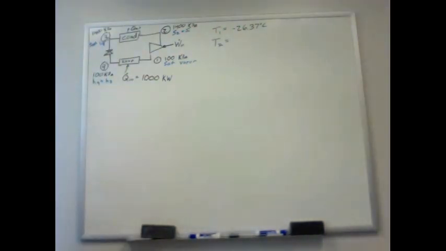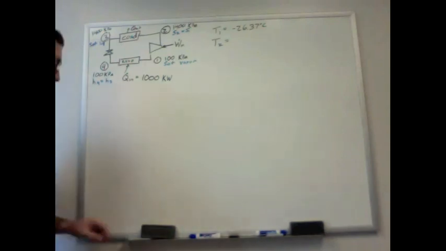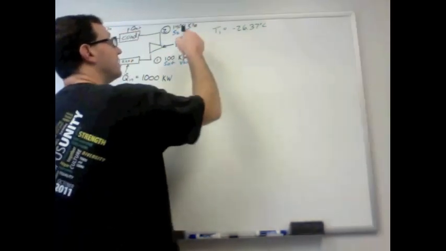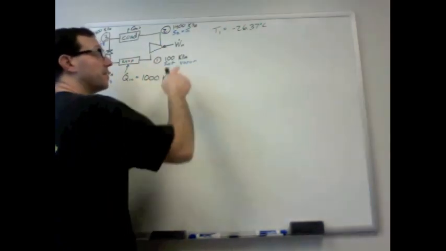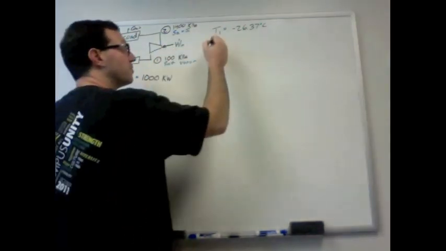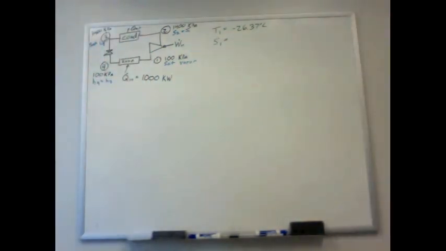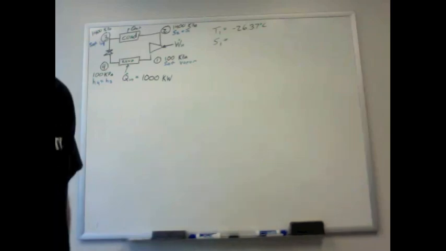Now we need temperature 2. In order to get temperature 2, we need to define state 2. We know the pressure, but now we can also get the entropy. So we're going to look up S1. When we go to the table, that's saturated vapor at 100 kilopascals, Sg at 100 kilopascals is 0.95183.